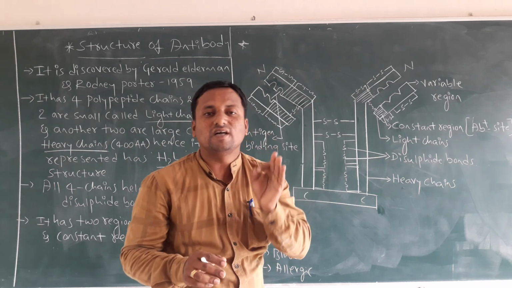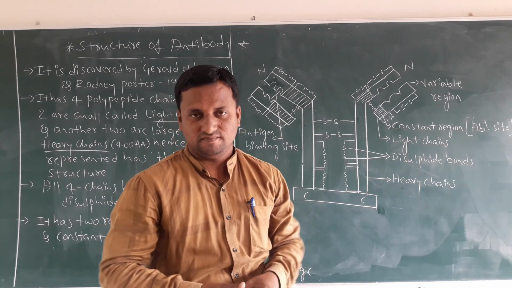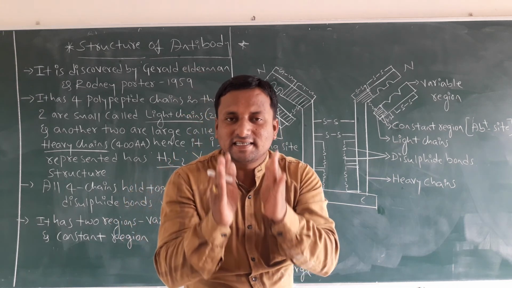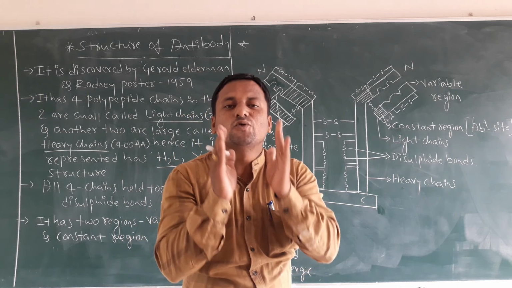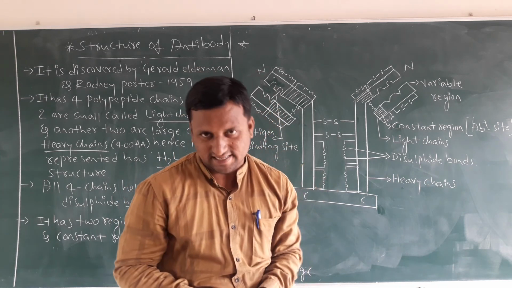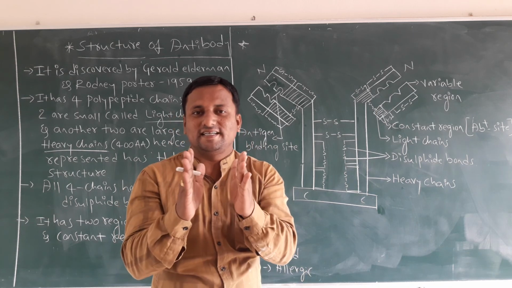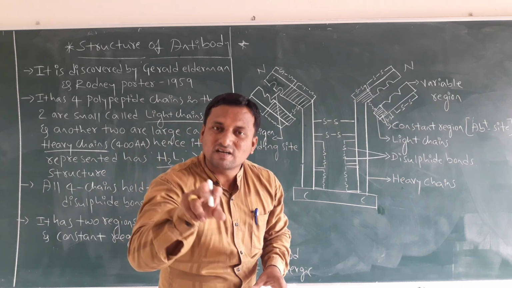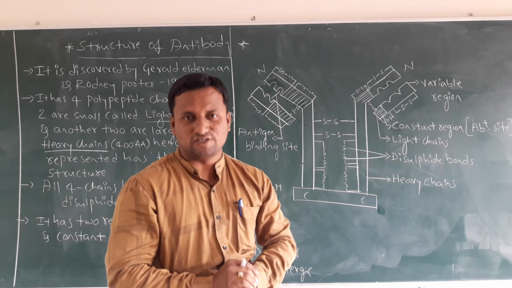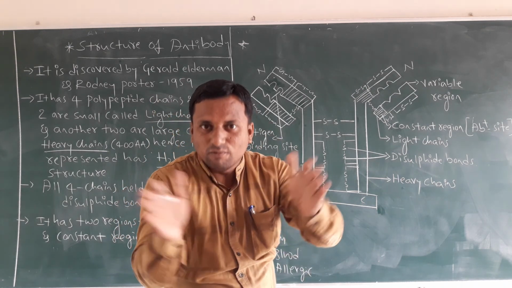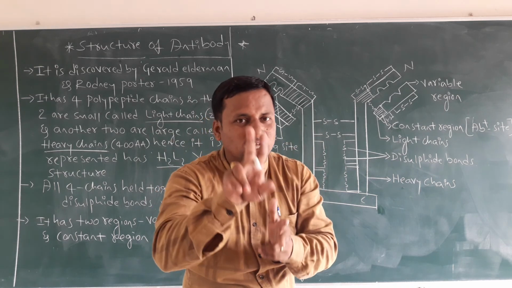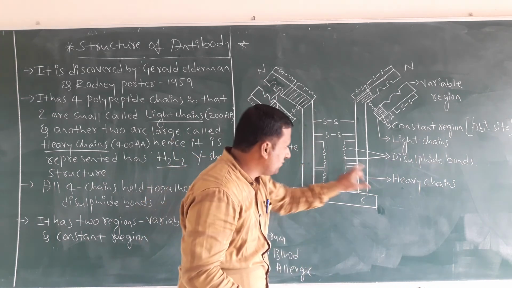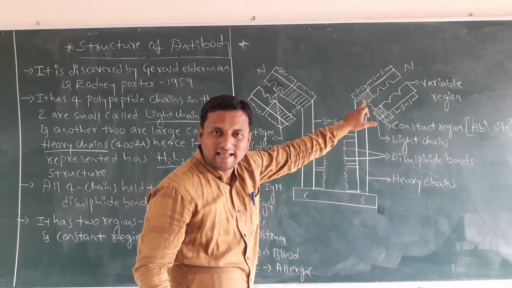Based on the molecular weight, because the light chains contain 200 amino acids and heavy chains contain 400 amino acids. Based on the molecular weight of the protein molecules, we distinguish two types of chains: two heavy chains and two light chains.